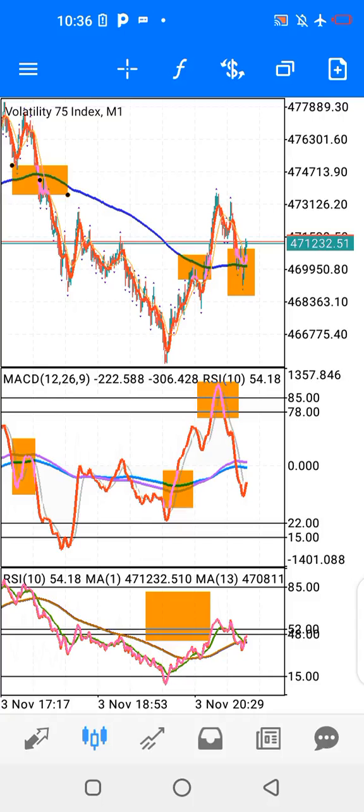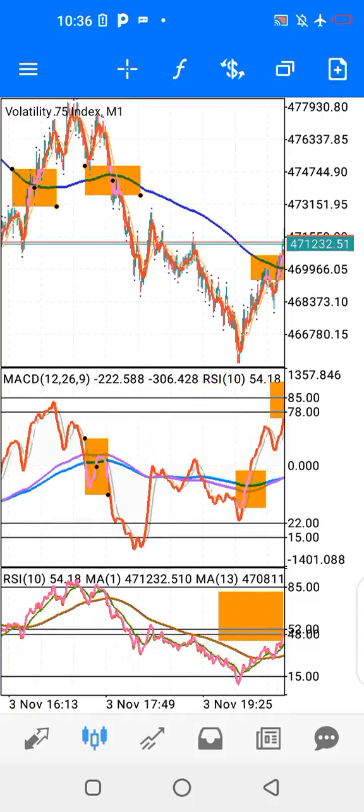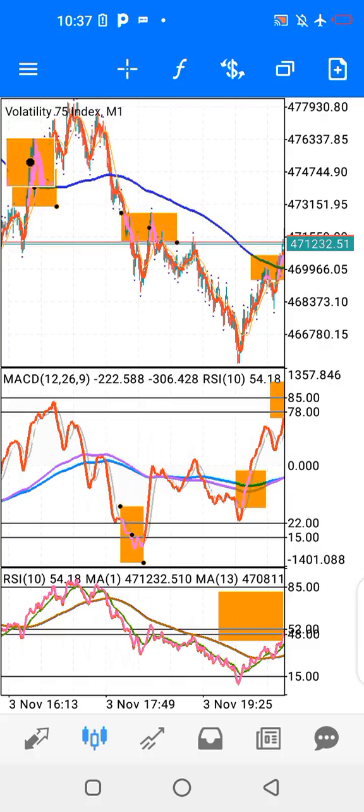Okay, like you have around here, price enters into the 15 and 22 level. So this should give you a caution that price is at the support and may bounce. And we can see what happened here. Bounced a bit before falling down.